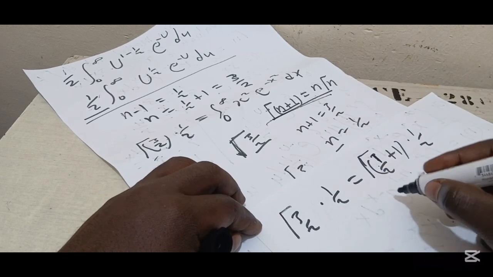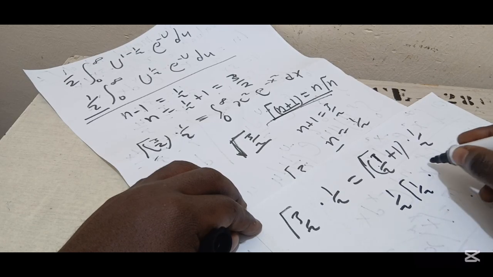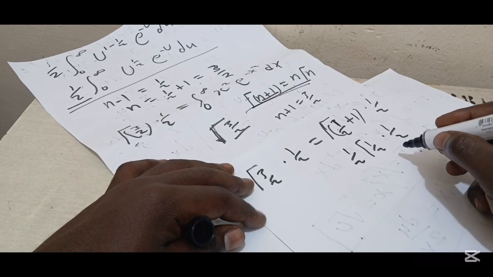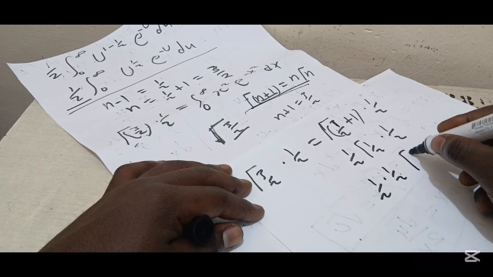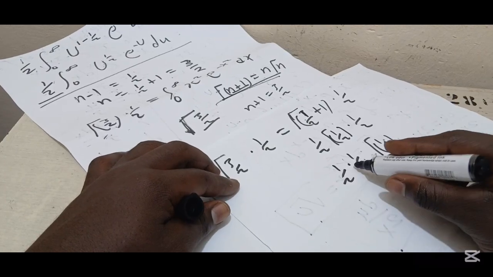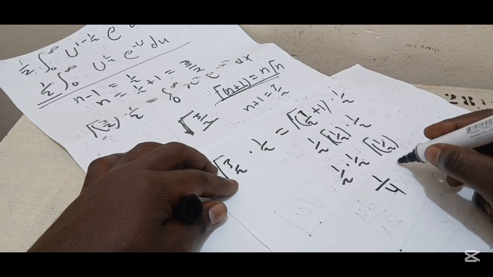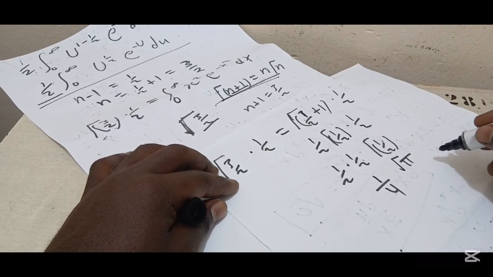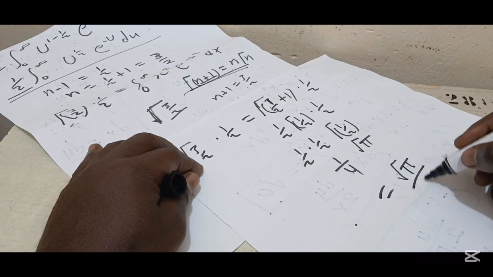So our n here is half. So we are going to have n gamma n, which is half gamma half multiplying by half. Gamma half is just a constant, which is square root of pi. So let me rearrange this: half multiplied by half gamma half. Gamma half is square root of pi, and half by half is just the same as 1/4 square root of pi, which is going to give us square root of pi on 4.